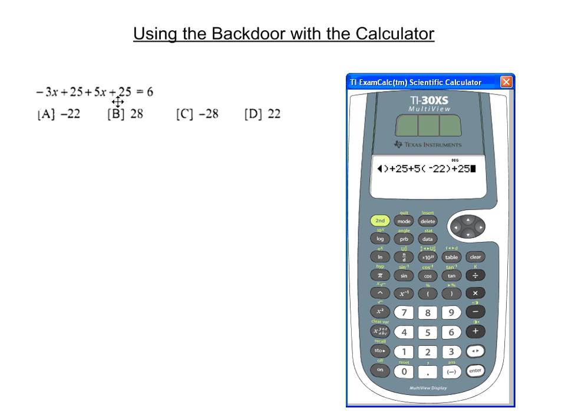So I've entered all this in, putting my answer in for X. Now, if this equals 6, then this is my answer, and it does. So the answer to this first question is A, negative 22, because when I put negative 22 in for X, it equaled 6. So we'll take a look at another one.